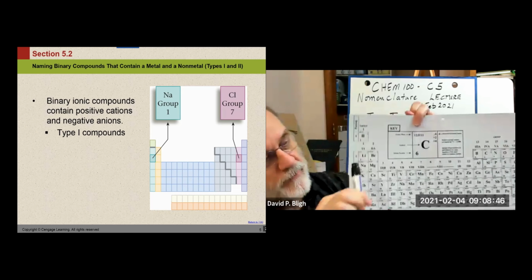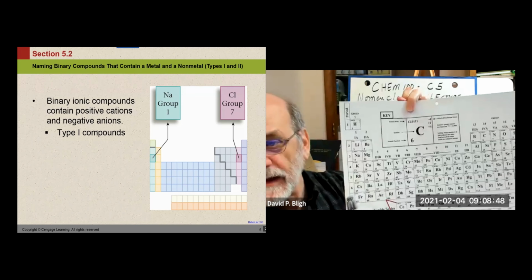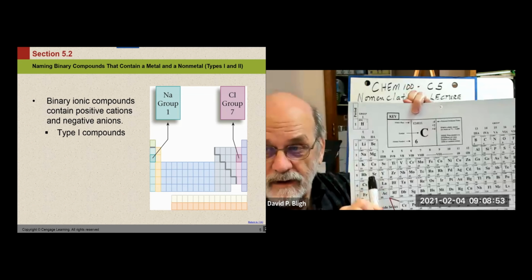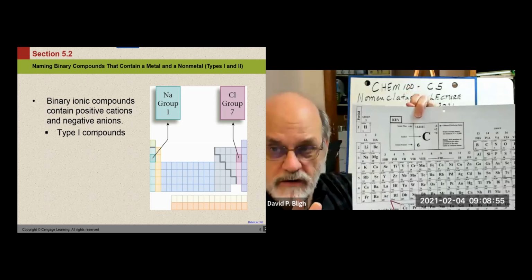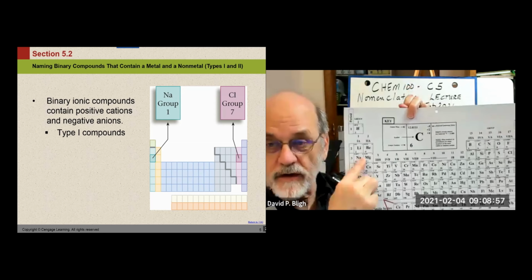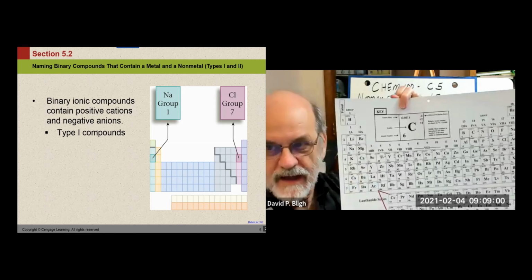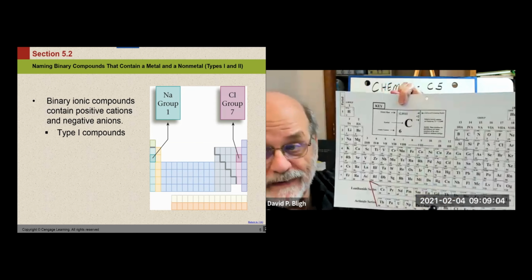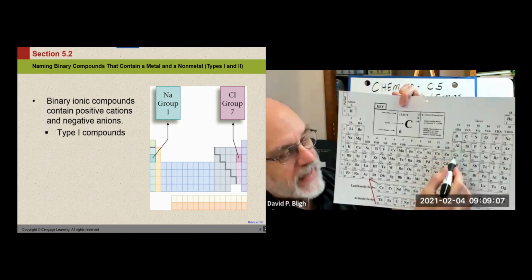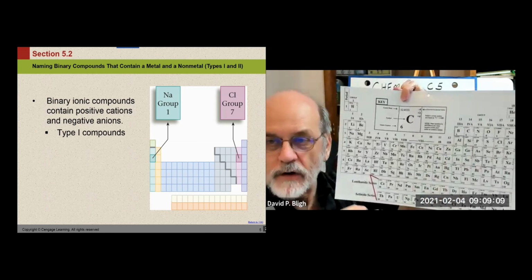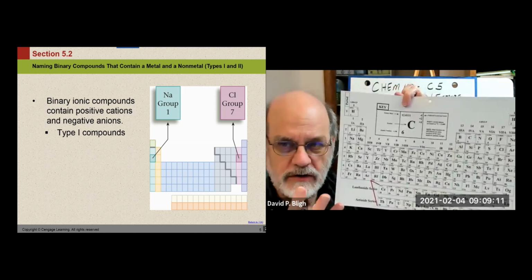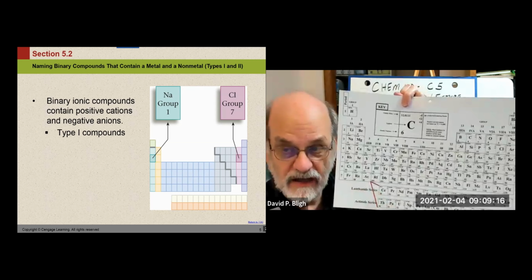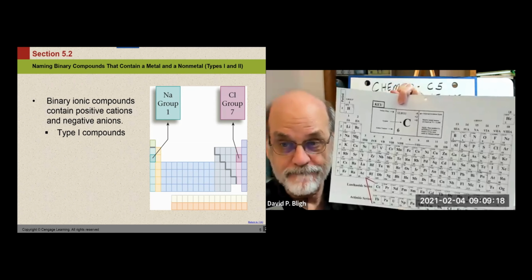If it comes from the first group, alkali metals, it can only have a +1 charge. If it comes from the second group, it can only have a +2 charge. And these are the alkaline earths. If it comes from this group, Roman numeral 3, boron, aluminum, gallium, indium, those can only have a 3+ charge and no other possibilities when they're bonded ionically. Okay?